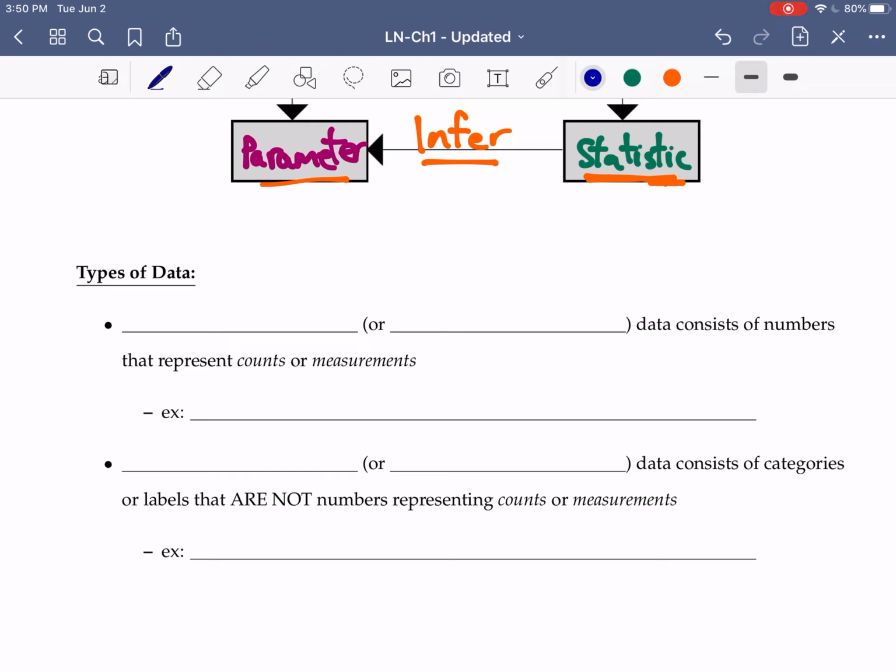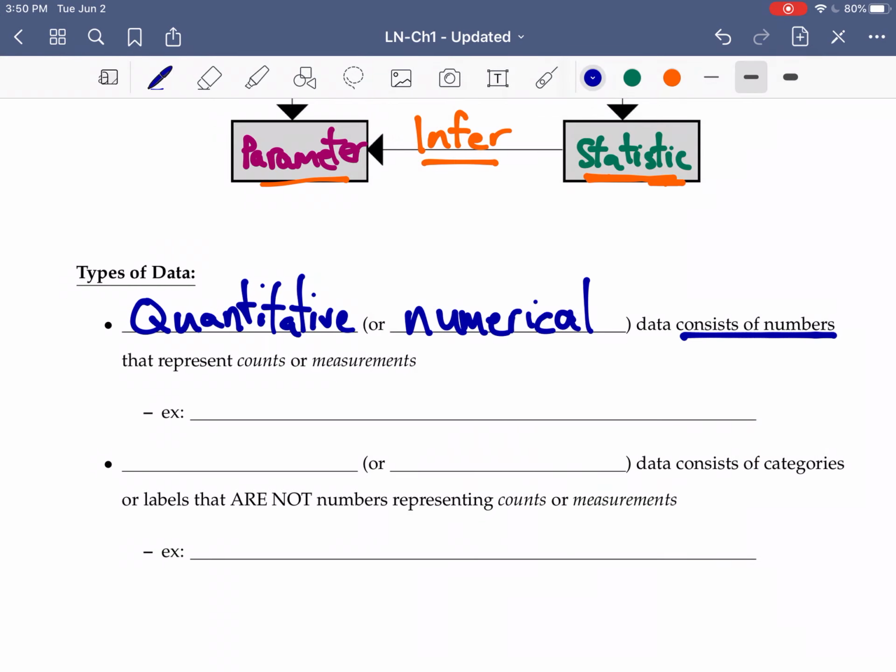The first type is quantitative, or numerical. Quantitative or numerical data is data that consists of numbers. Those numbers are going to have to represent a count or a measurement.